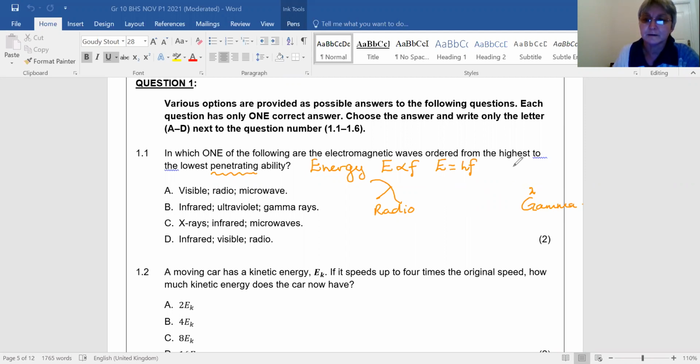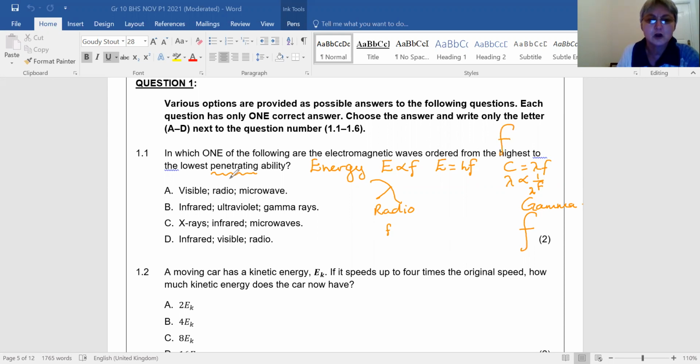And if we look at the wave equation, c equals lambda times frequency, where c is a constant, 3 times 10 to the power 8 meters per second, then I can see from that wavelength is inversely proportional to frequency. So the waves with the shortest wavelength has the highest frequency, where the waves with the longest wavelength has the lowest frequency.